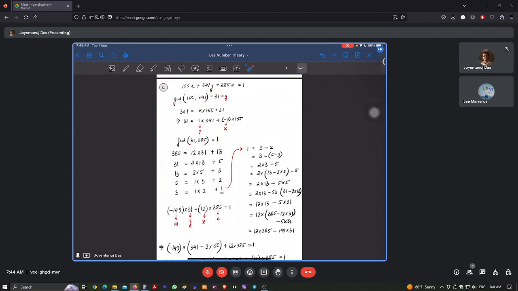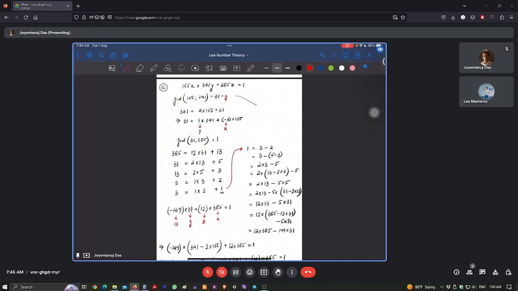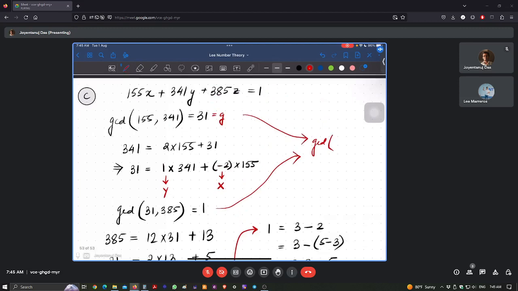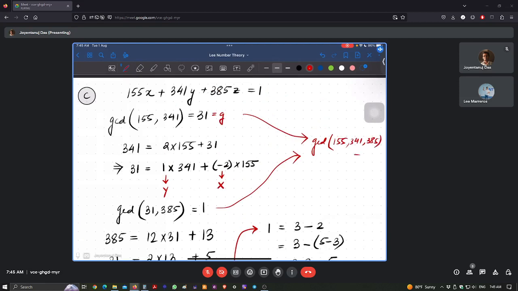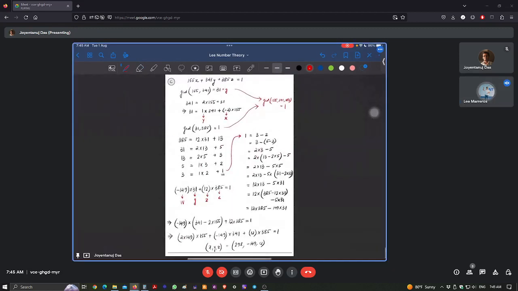So it forces the GCD of all three of them to be the same. So the GCD of these three terms is actually 1, right? Yes, one. Okay, so let us try to do the next one.